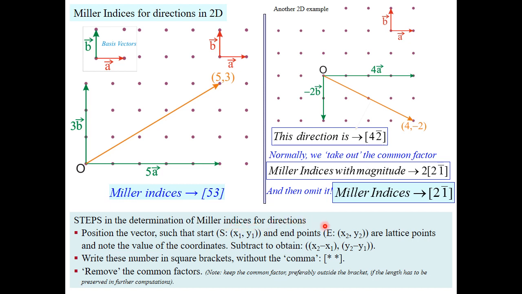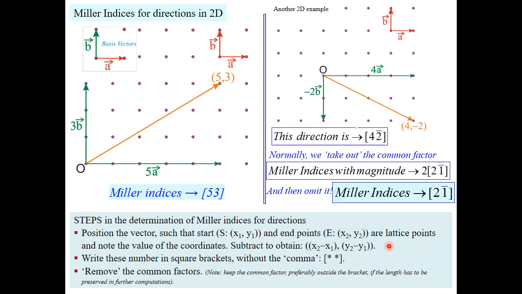In our case it will be origin, that is 0, 0, and then the end point or head point, which we know x2, y2, that is 5, 3. Those are the lattice points.